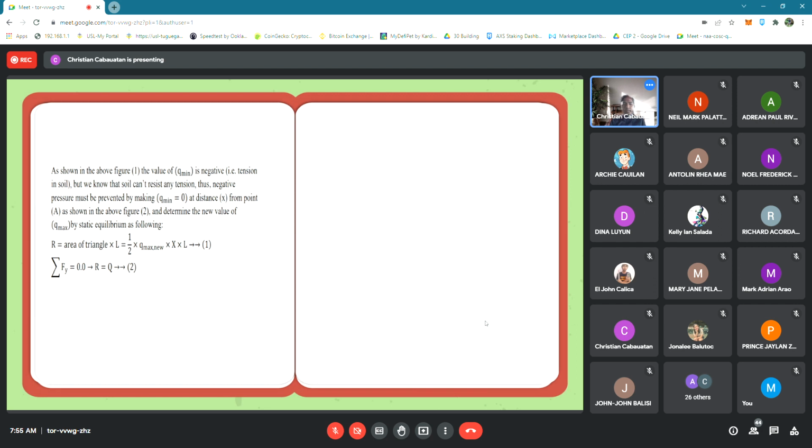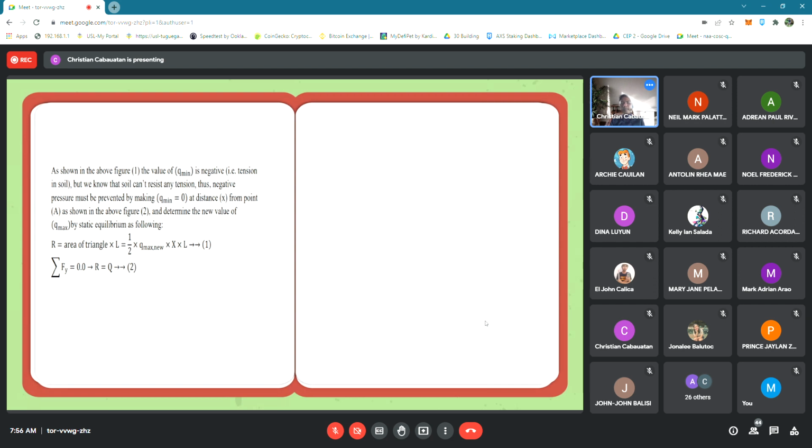Okay? And to determine the new value of the Q maximum by static equilibrium, the reaction R is equal to the area of the triangle times the length. It is equal to 1/2 of the new Q maximum times the length times the x distance.